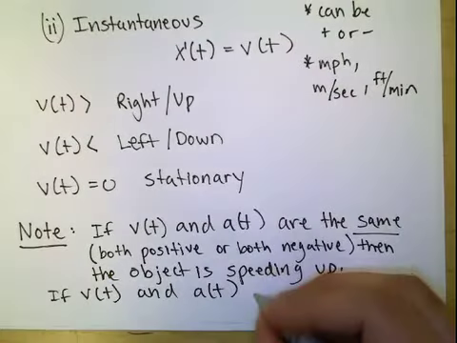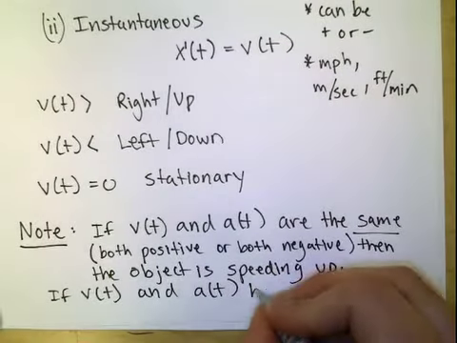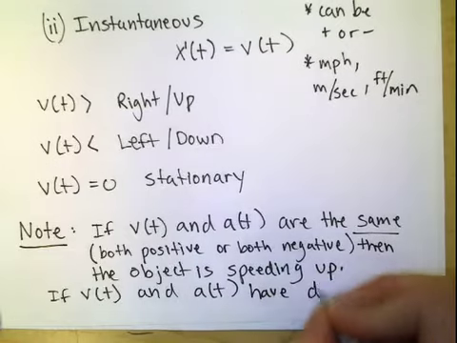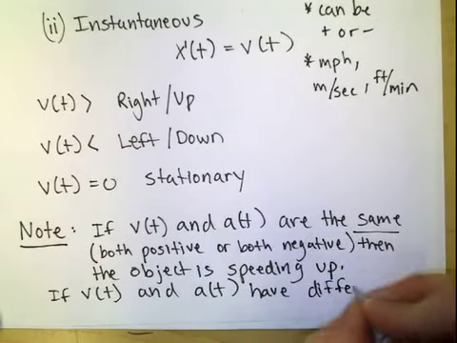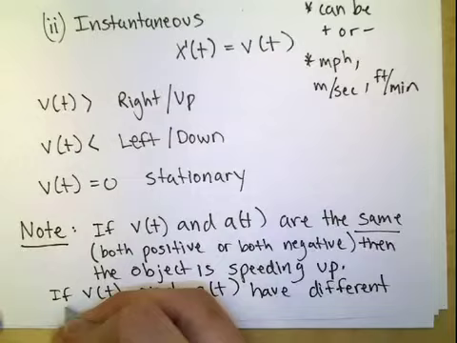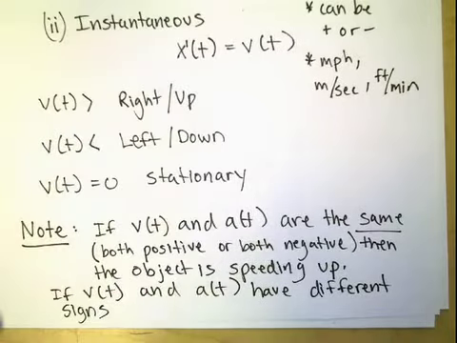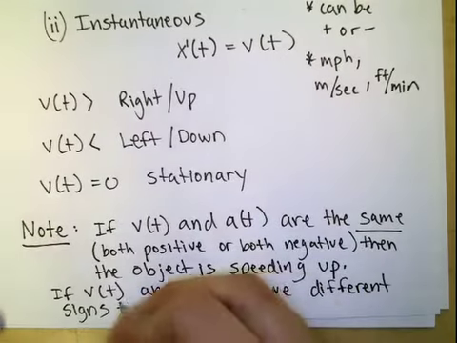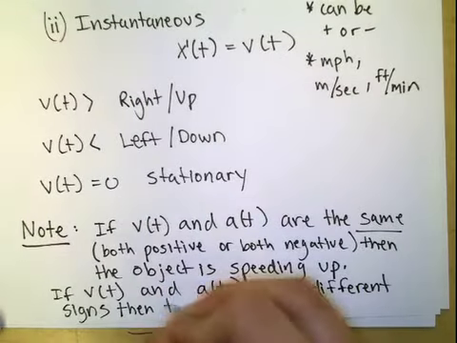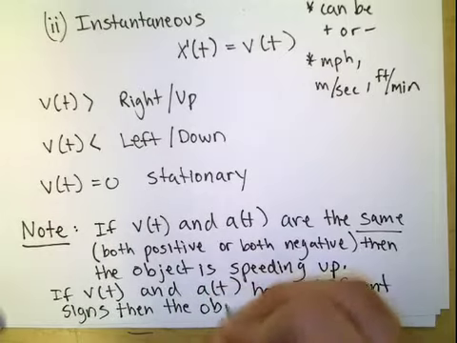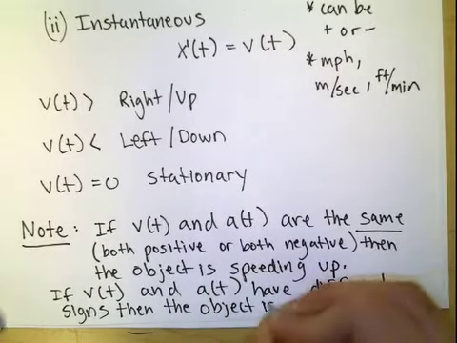So if velocity and acceleration have different signs, one of them's negative and one of them's positive, it doesn't matter which, then the object is slowing down.